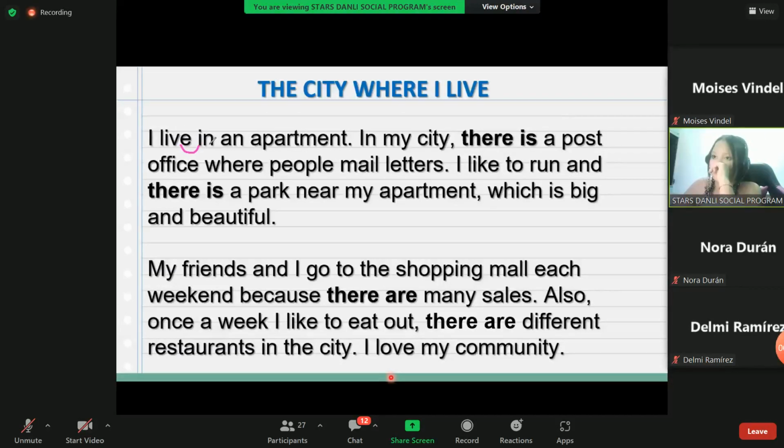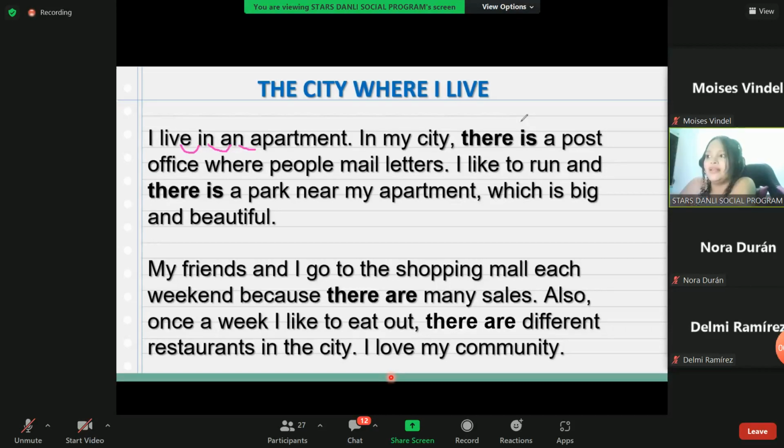Pero acá vuelve a terminar en consonante y le sigue una vocal. Y lo mismo pasa acá. Por eso es que decimos I live in an apartment. Se dice dos veces na. No es apartment porque no hay una A. Es apartment, como lo había dicho Nora. I live in an apartment.